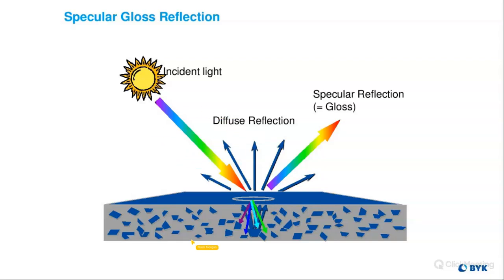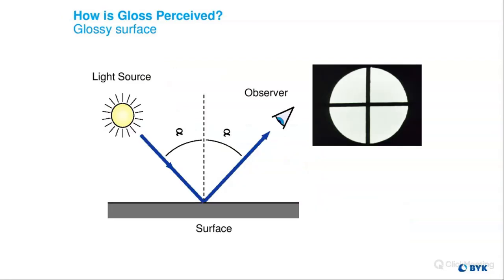Visually, we would see this object as a dark blue object. Then all of the white light gets reflected off the surface in this case, and that is our specular reflection, or our gloss. So we have just pure white light as our gloss. Depending on how glossy it is, a very glossy surface is going to typically give us a very nice reflected image, sort of related to distinctness of image.